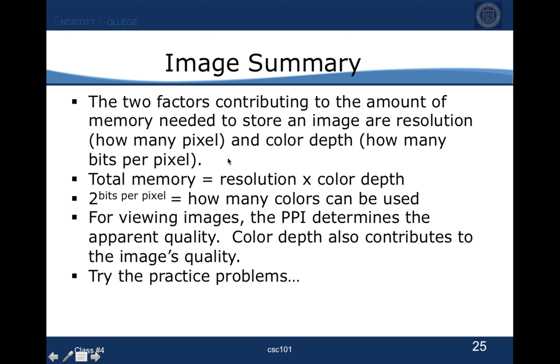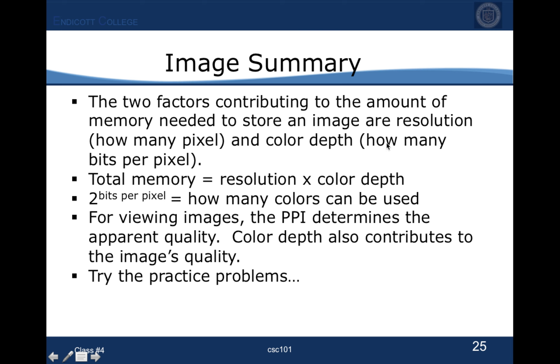So if you say the resolution is 1 megapixel, which is a million pixels, that'd be the resolution. And you say the color depth is, let's say, 8 bits per pixel, because you're going to do 2 to the 8, which is 256 colors.